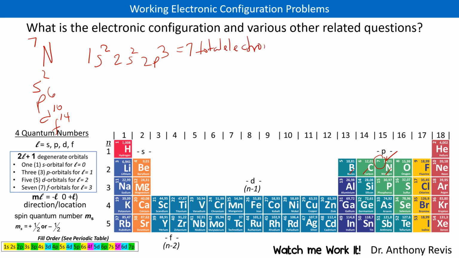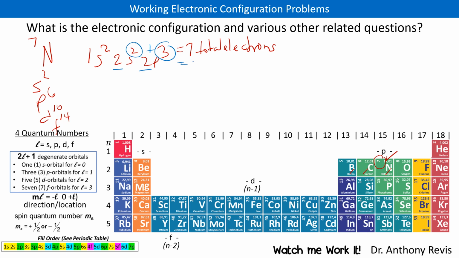Now, one of the questions that gets asked is, how many valence electrons do we have in there? Well, the valence electrons are the total electrons in the highest n value. Our highest n value, highest principal quantum number, highest row number is 2. So we'll just add these electrons here to find out how many valence electrons.